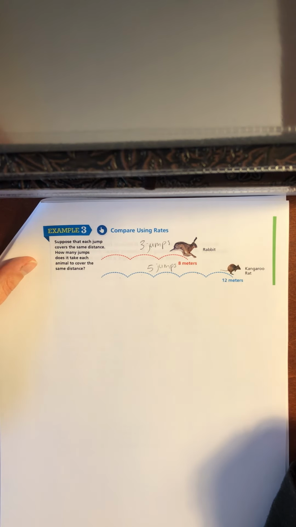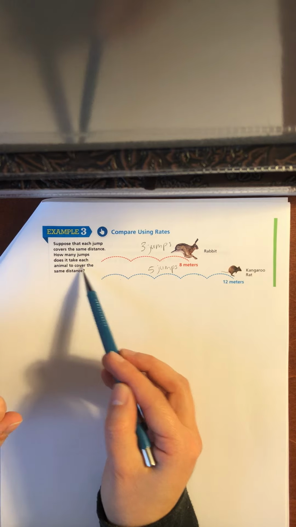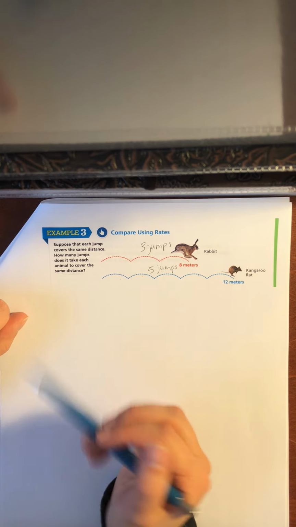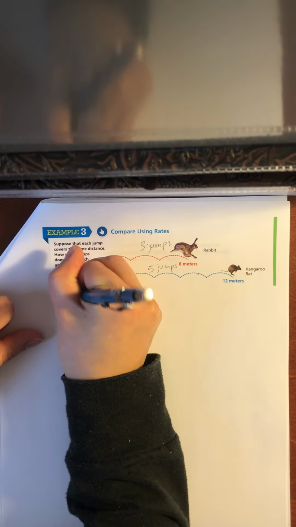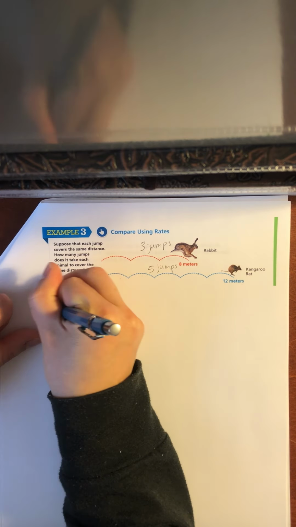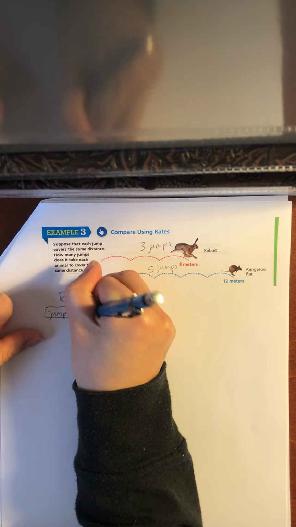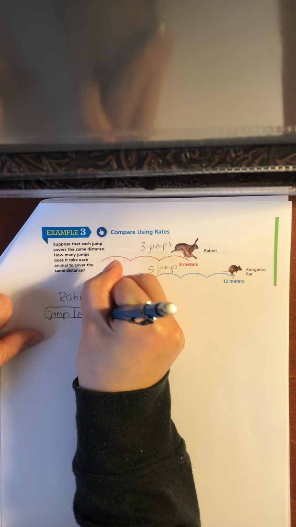Okay, so what we need to do is I'm actually going to make a table for this. We want to figure out how many jumps does it take each animal to cover the same distance. Okay, so we're going to make a table for the rabbit. Jumps, meters.